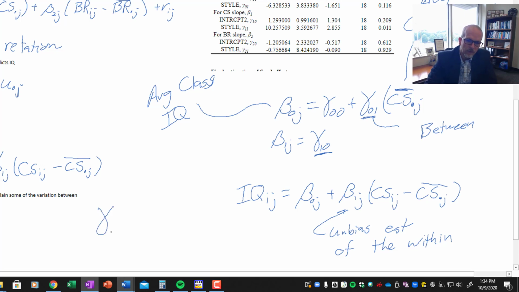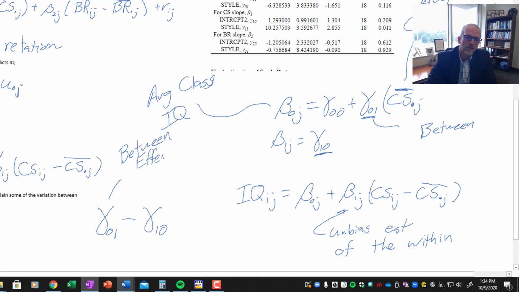So the way we would get our compositional effect is I take gamma 01 and I compare it to gamma 10. Now I know this notation is going to get confusing. So remember, our gamma 01 is the between effect.